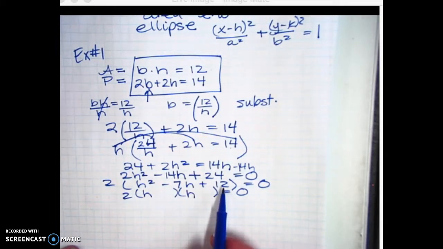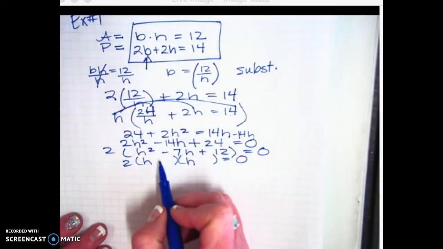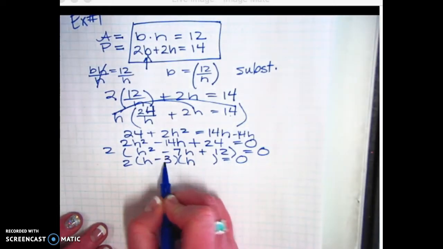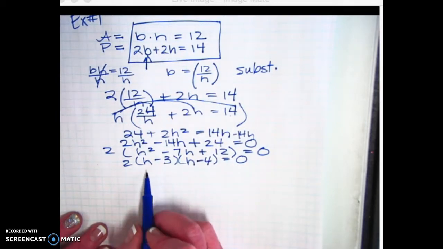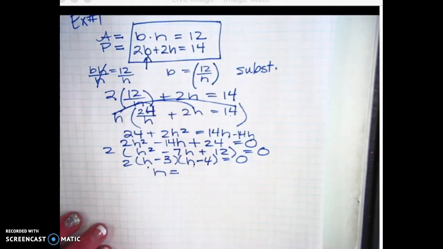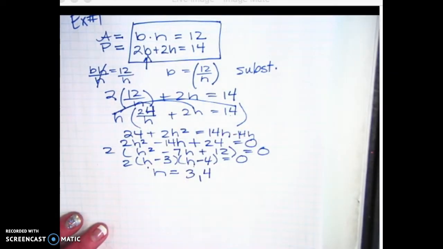What two numbers are going to multiply to get positive 12 but add to get negative 7? I got negative 3 and negative 4, which means that the two numbers that plug in here and here are positive 3 and positive 4.